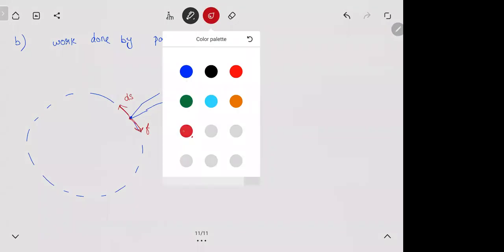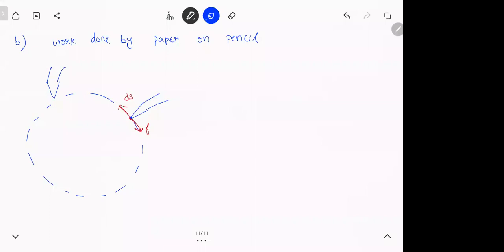If you see, when the pencil is going now, every instant, the friction is opposite, the displacement is this way. So here, if you observe, the friction on the pencil and the displacement are always opposite. Displacement of tip of the pencil.